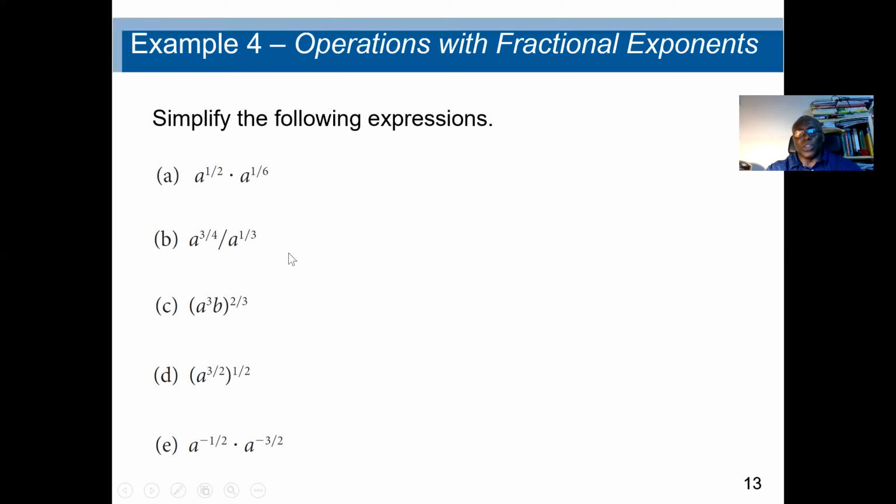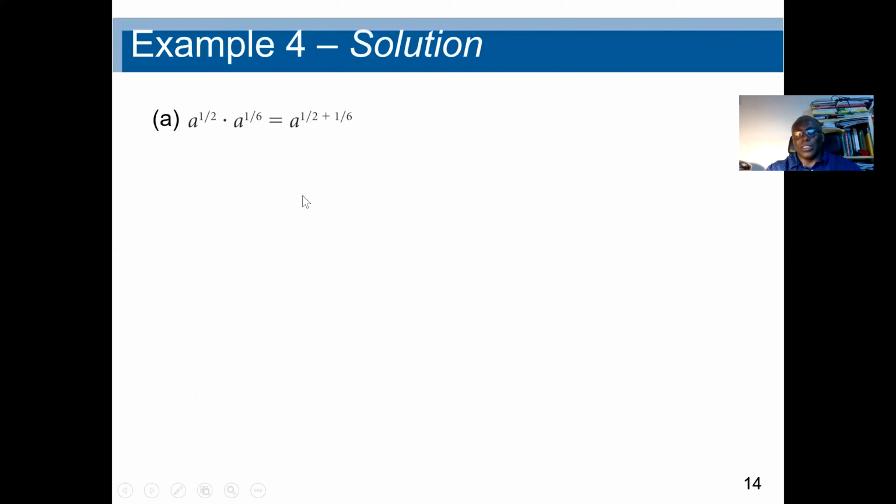So here are a few examples. Since the base is the same, we are going to add a half plus 1/6. So half plus 1/6, and that will give us 2/3. Again, exponent rule, the base is the same, and it's multiplication, so we add the exponents. So half plus 1/6.